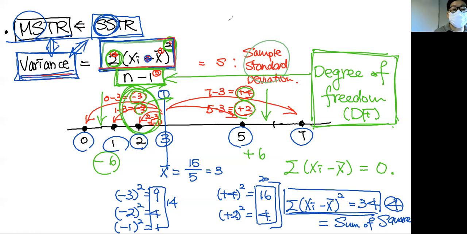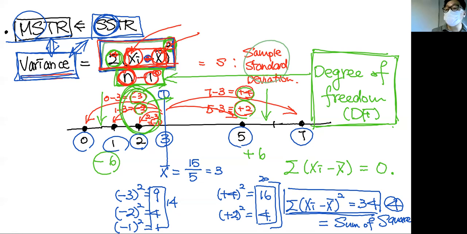In the sum of square, we had the difference, right? How many xi's? The xi's are the sample, so we had n samples, minus x bar. The x bar is a statistic, a single value, so it's minus 1.